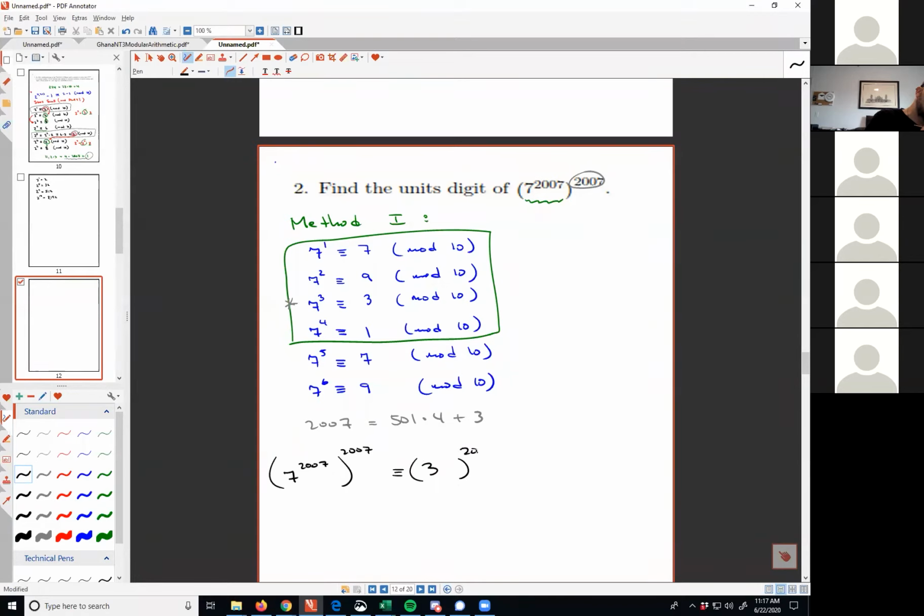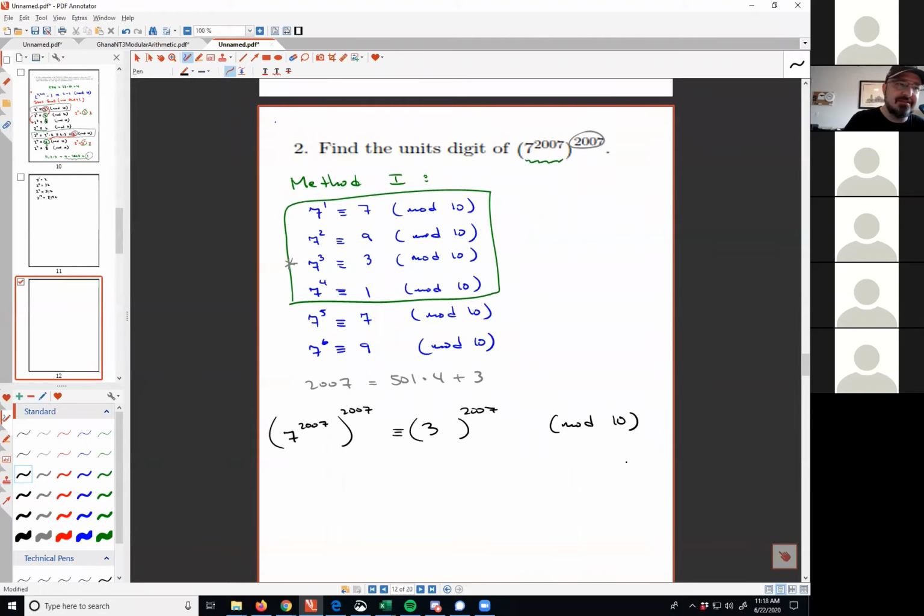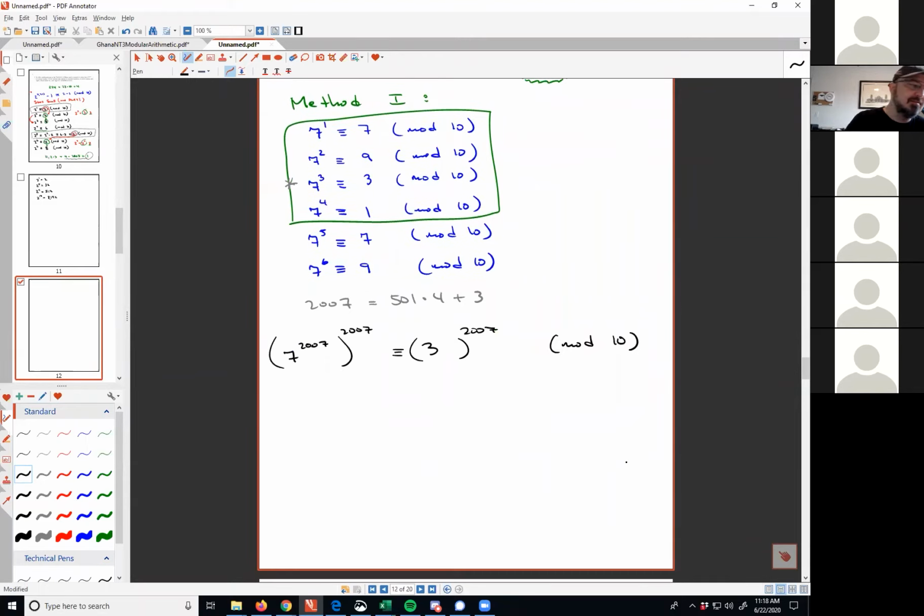So we can replace what's inside the parentheses by 3. Now what do we do? We try and find the same pattern with powers of 3 and use that to determine the units digit.